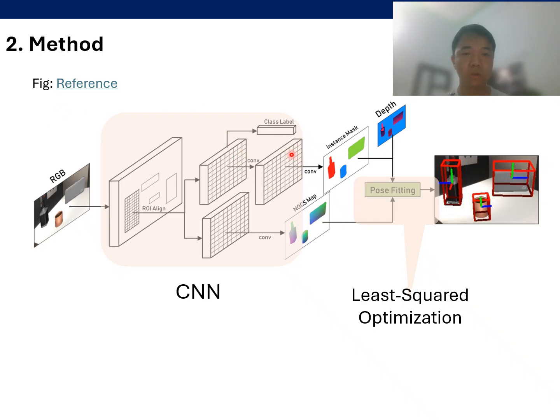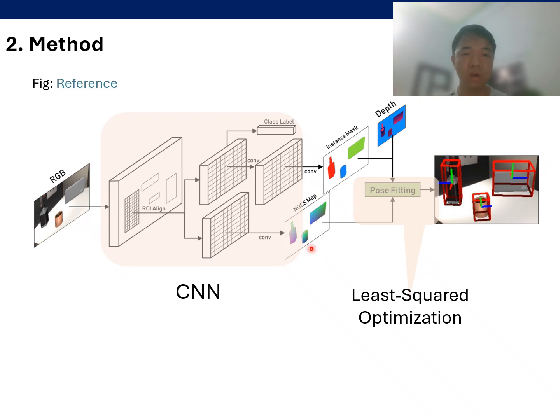One is used to predict the class label or the category of the object, that means whether the captured object is a laptop, a cup, or something else. Another CNN estimates the normalized object coordinate space map.